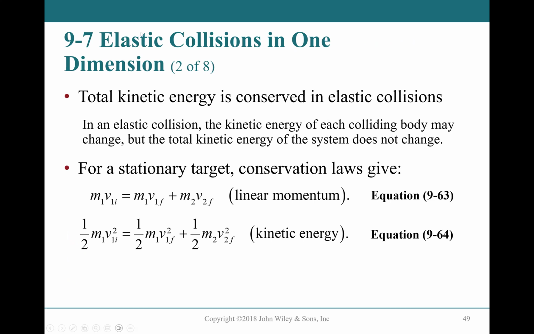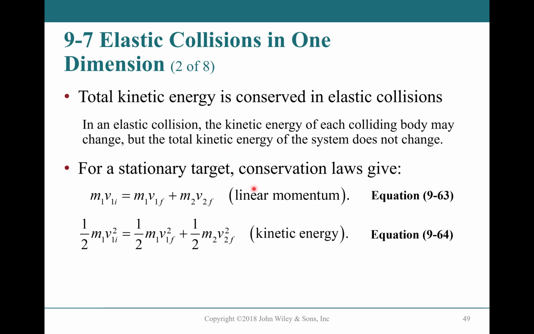And we also have elastic collision in one dimension. What is elastic collision? The total energy is conserved, so there's no kinetic energy change. In an elastic collision, the kinetic energy of each of the colliding bodies may change, but the total kinetic energy of the system does not change.